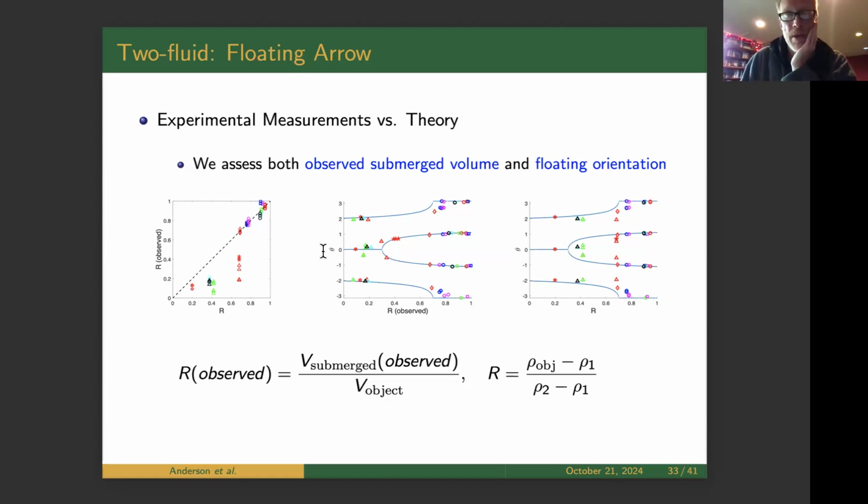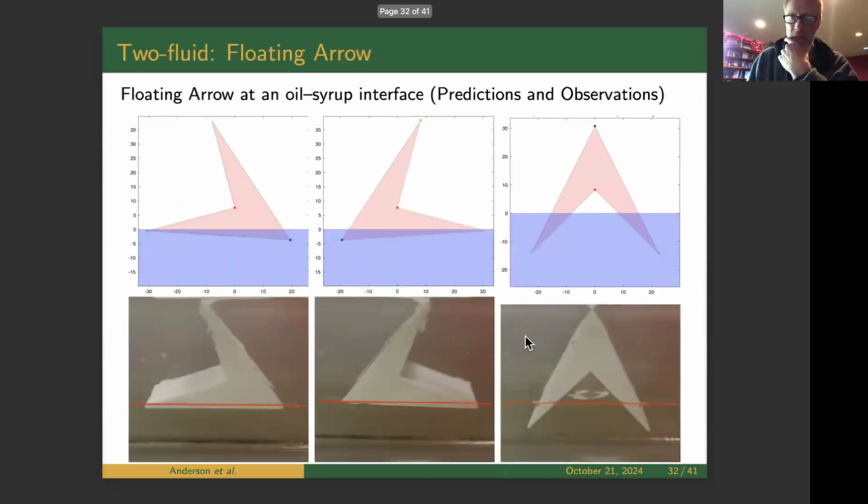Anyway, we did a lot of experiments and made some comparisons. This is just a particular example. If you look at the middle plot, the orientation angle versus density ratio. So again, maybe for an example, on the low end of density ratio, there's 3 solutions. There's one at angle 0 and then 2 symmetrically. And that would be this situation. So this arrow kind of standing up is angle 0.